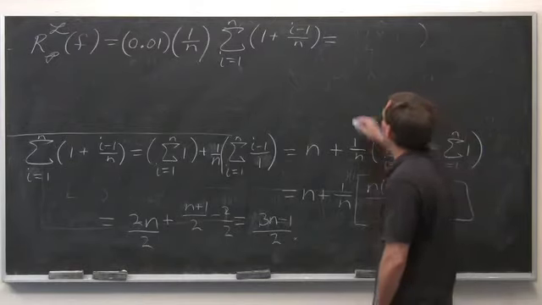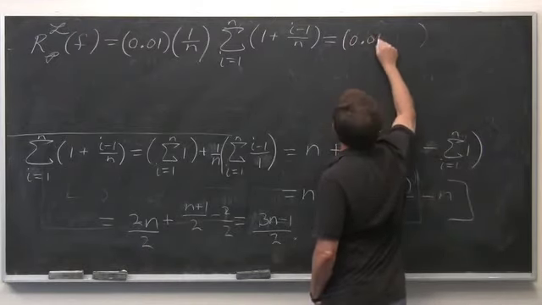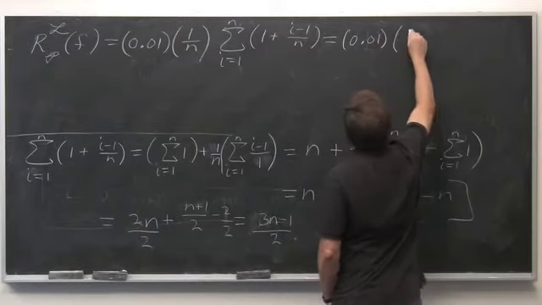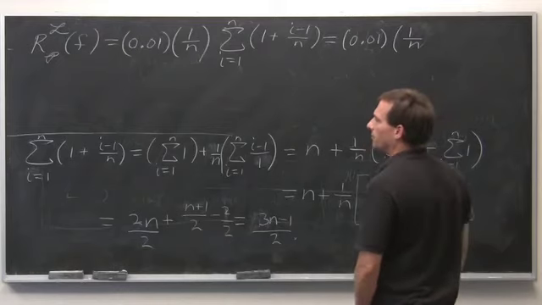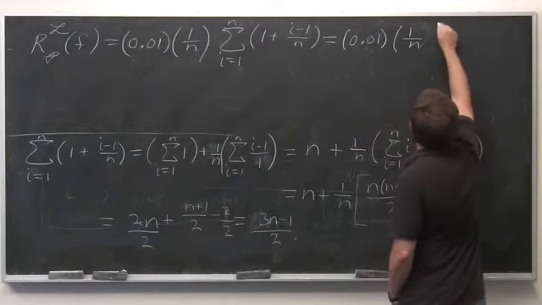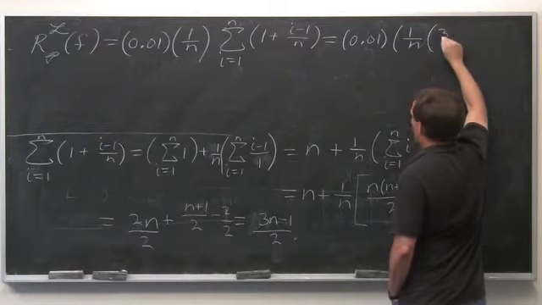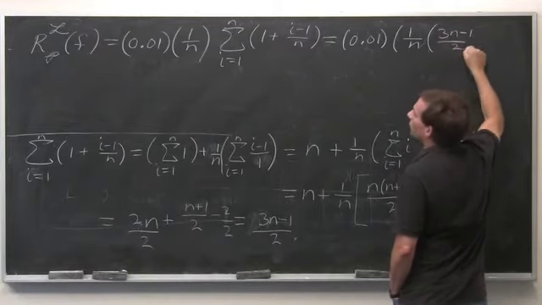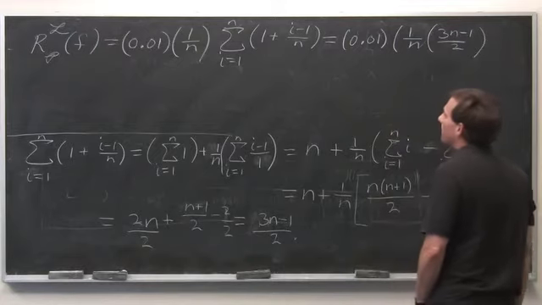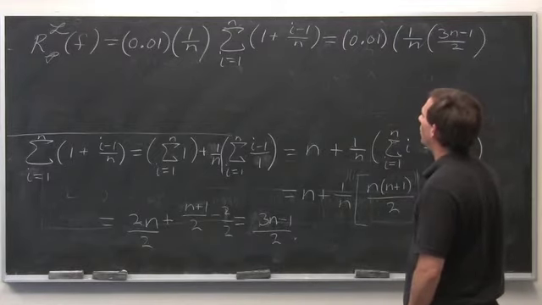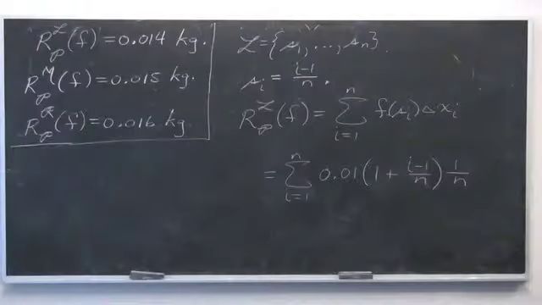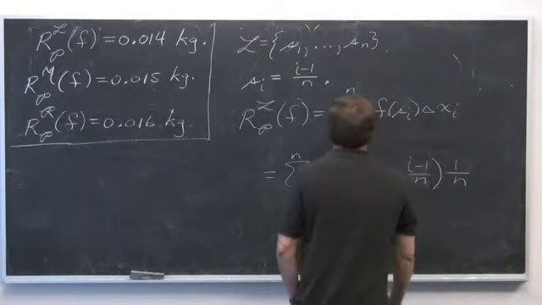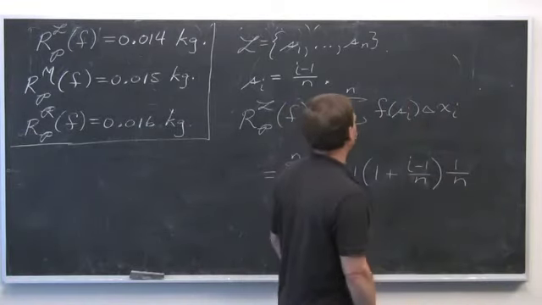All right, so we get this is 0.01 times 1 over n times (3n minus 1 over 2). I have left out an important part of the problem, which I should have, oh no, I'm sorry.